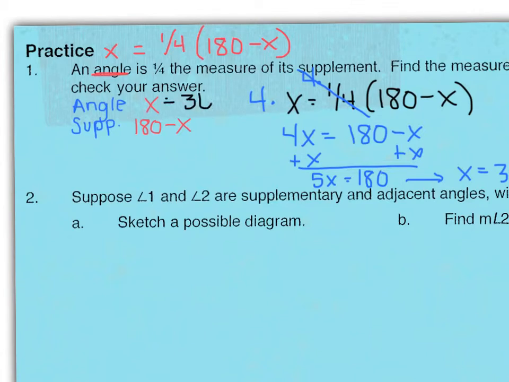What would the supplement be? 180 minus 36. 144? Okay. Is it true that 36 is 1/4 of 144? Take 144 and divide it by 4. And let's see if we get 36. We should. Okay, so yep, that's true.